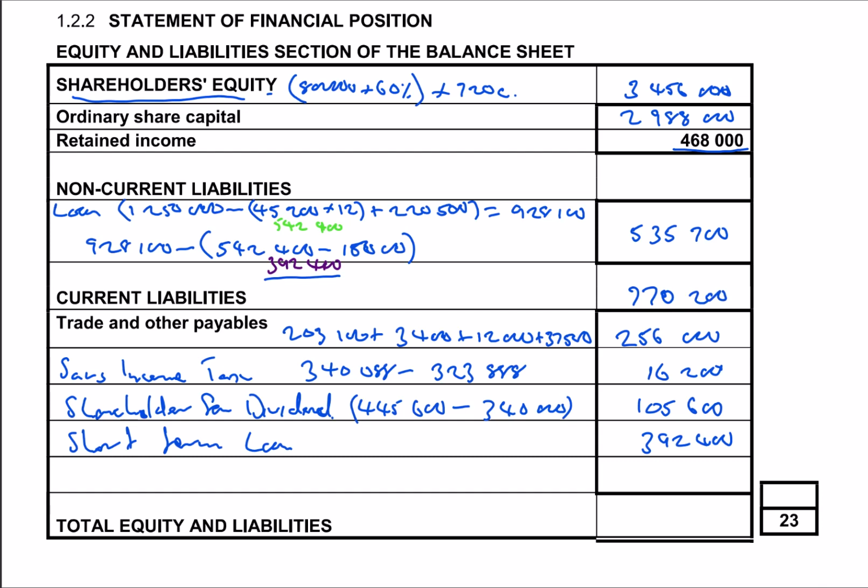Then calculating your total equity and liabilities, that's 770,200 plus the loan 535,700 plus shareholders' equity 3,456,000. So that will be 4,761,900. Then that will earn you your 23 marks.